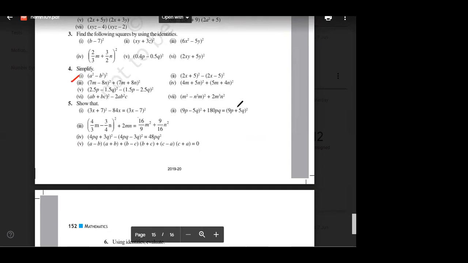Now, first 3/5. Okay. Now, Bindu, just let me ask you this problem. Apple plus mango whole square will give you what? Tell me, apple plus mango whole square will give you what?